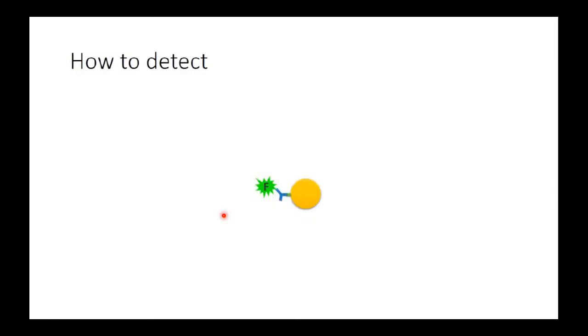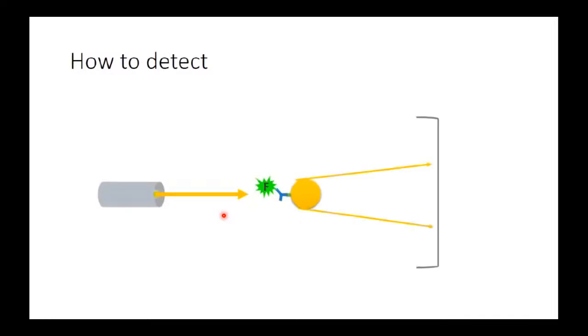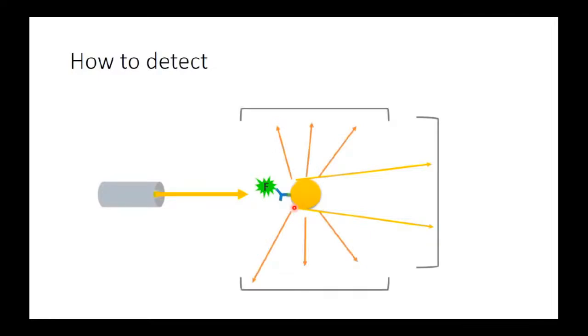Now when the cell passes through the laser beam, this is the laser beam. First of all, this is the forward scatter, which is detected by the forward scatter detector. The side scatter is detected by the side scatter detectors.